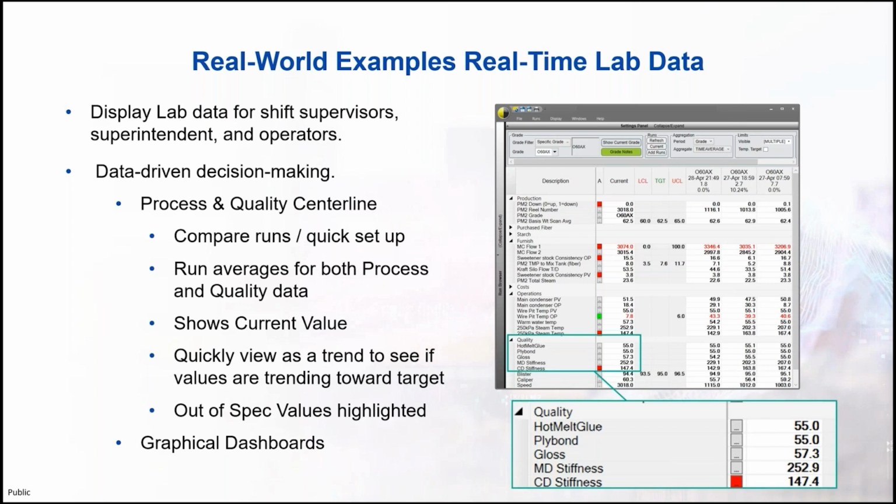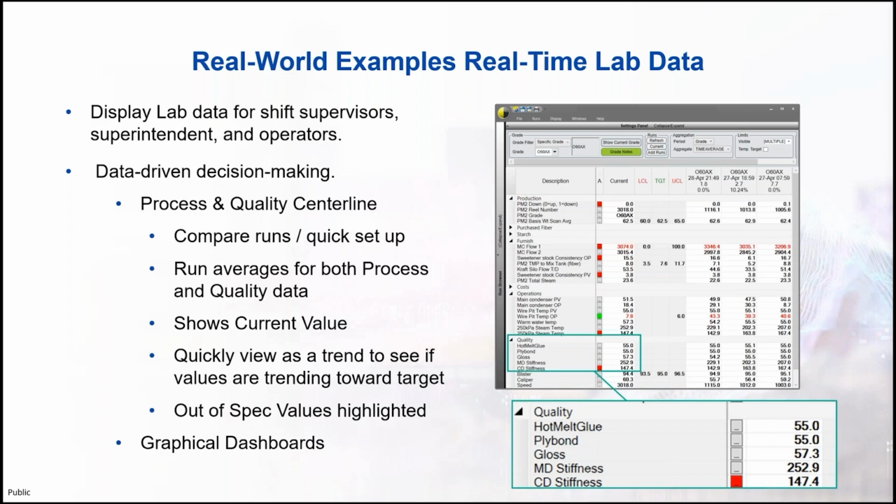Yeah, another thing that can be really helpful with making these center lines is actually creating groups. So in this example, we have a production group and a furnish group and an operations group. And what you can actually do with these groups is you can right click and trend them.